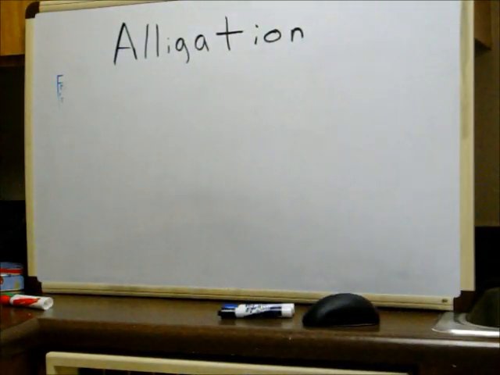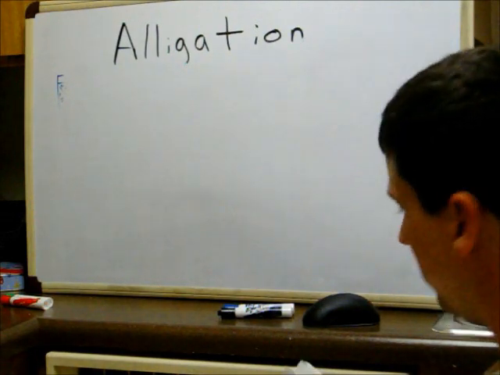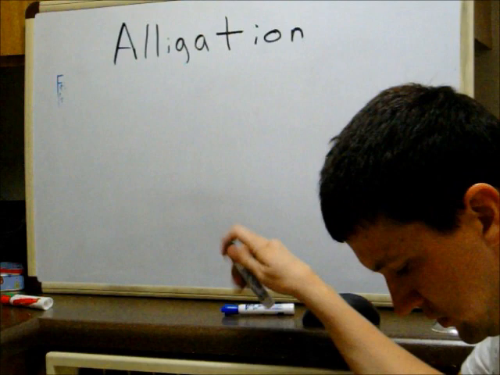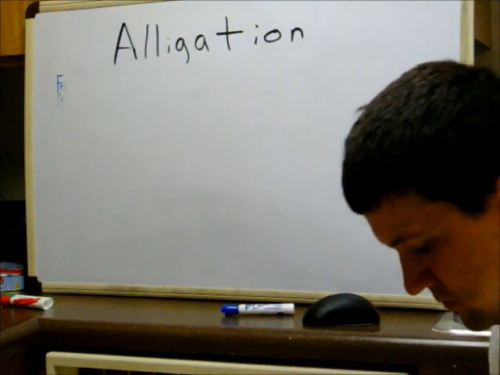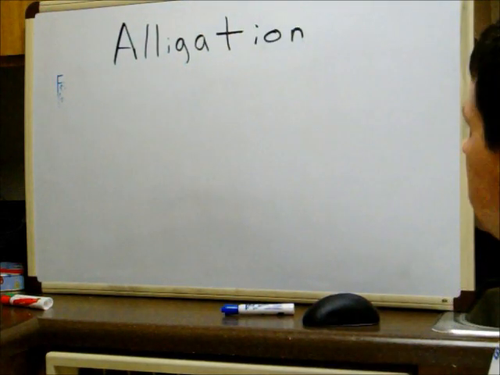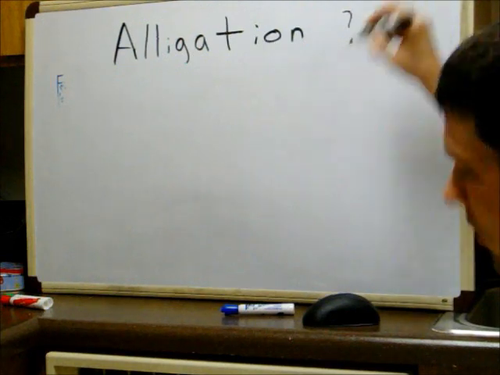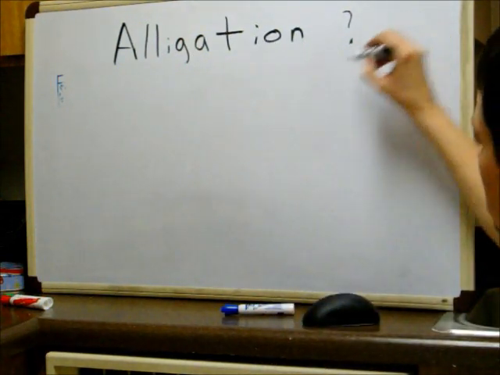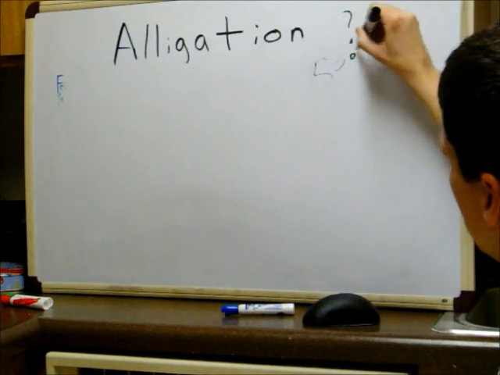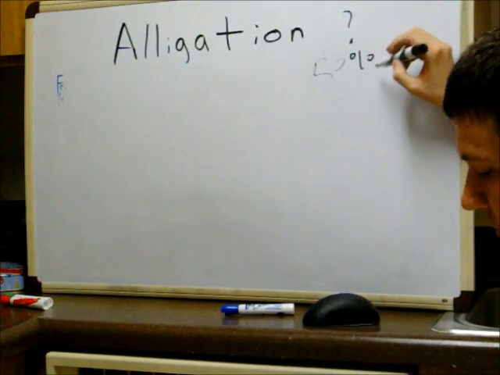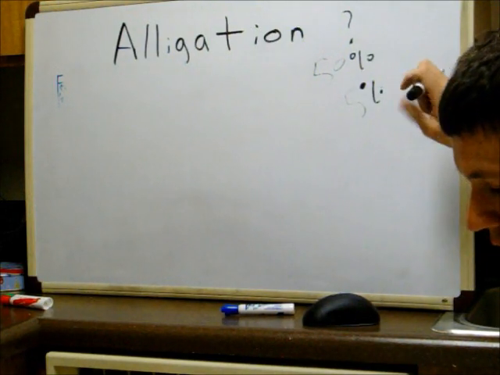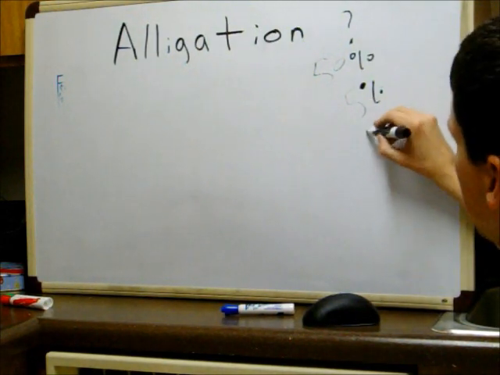We'll just do one from the book. We'll do number 2. So the question is, how many milliliters of a 50% solution and how many milliliters of a 5% solution are needed to make 4 liters of a 10% solution?